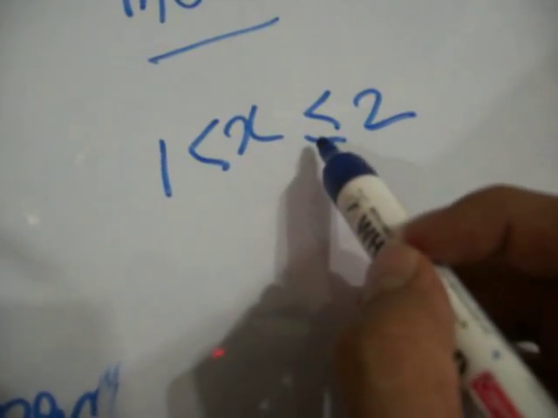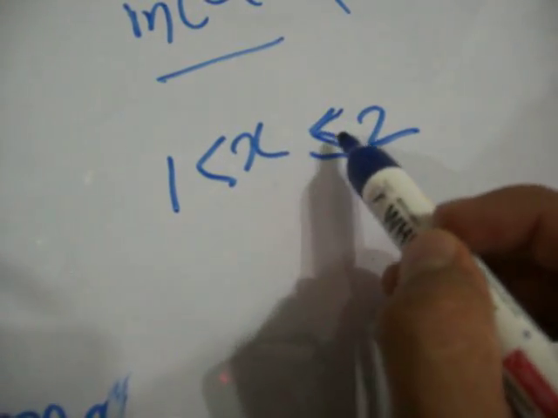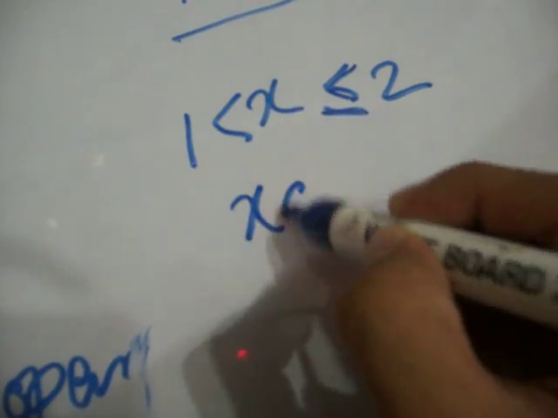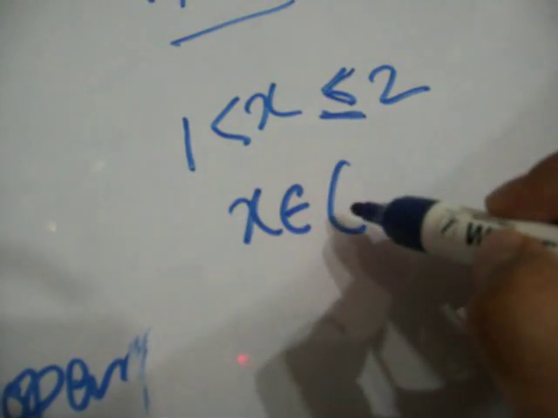This is the equal to sign, but as this is an inequality, this is less than or equal to 2. So it will be written as x belongs to (1, 2], because this corresponds to this.